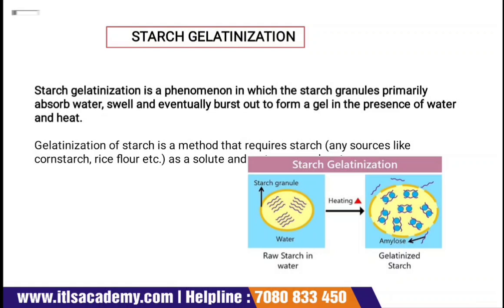After absorbing the water, their size changes, meaning they become full of water and swell. At a certain time they burst, and the starch comes out after bursting as a gel. This takes place in the presence of water and heat.